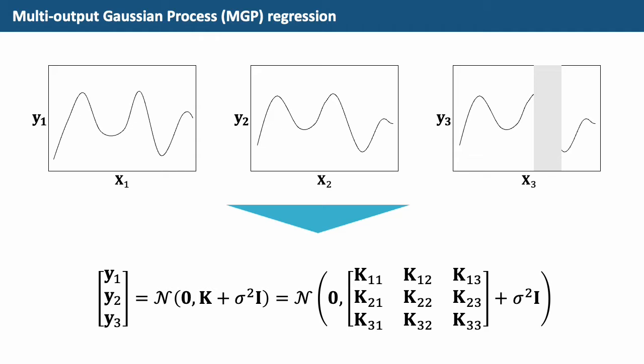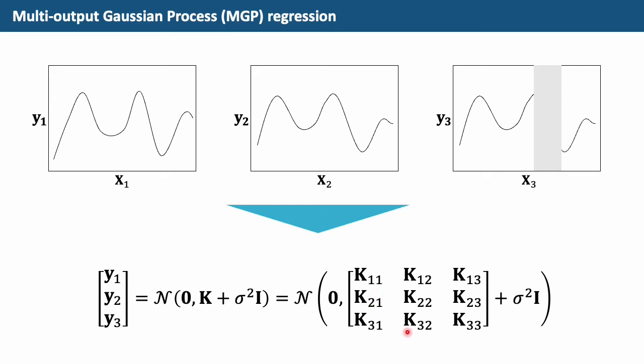The key idea is just to build a large covariance matrix, which includes within-group as well as between-group observations. In this example, we have three outputs, and the MGP has a covariance matrix where each matrix inside indicates a covariance or cross-covariance matrix.